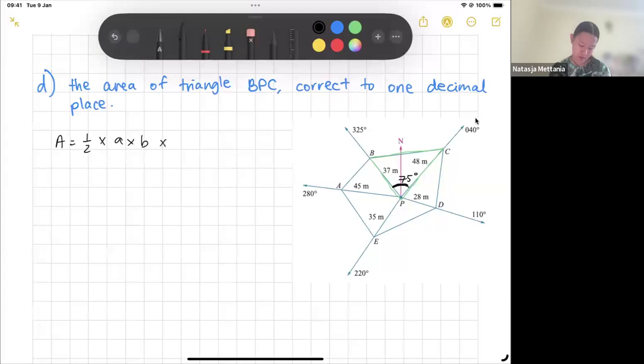It is half times a times b times sine C. Now the a and b, like I said in the cosine rule, are the two sides that come together to make that included angle. In this case, the two sides are 37 and 48, and my included angle is 75.